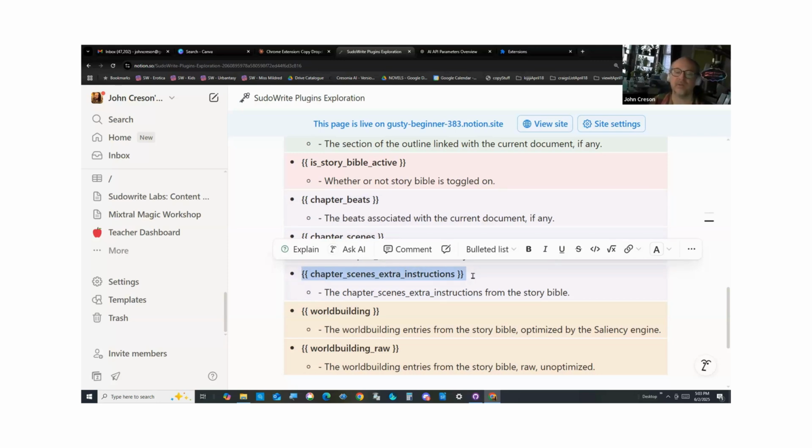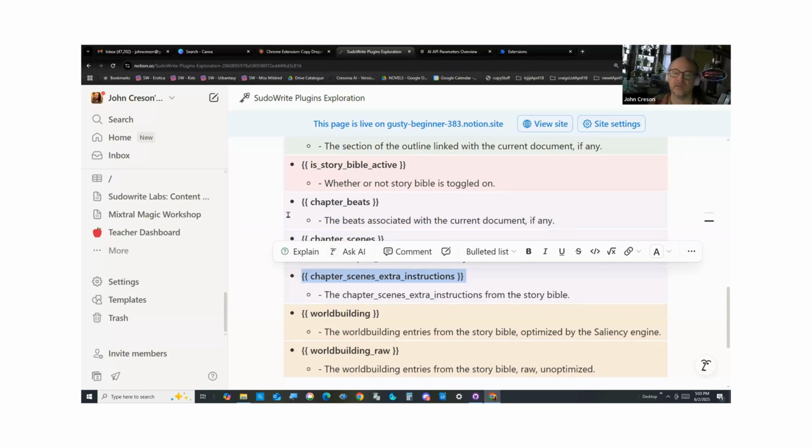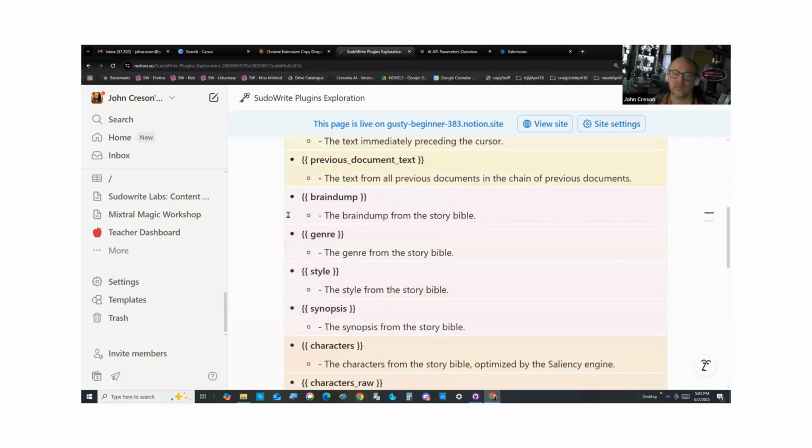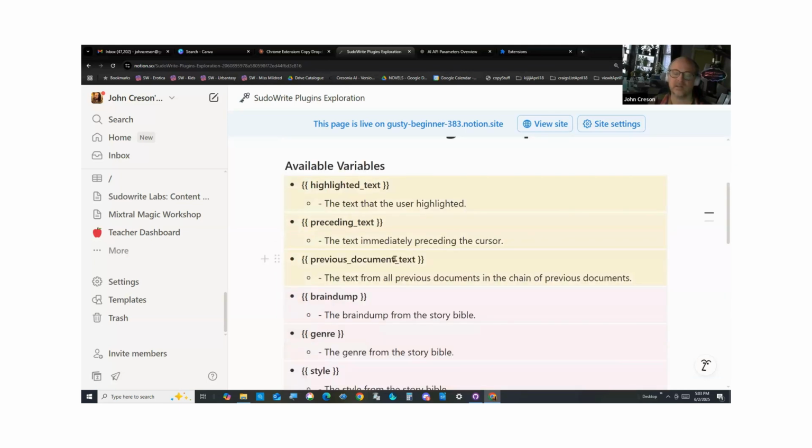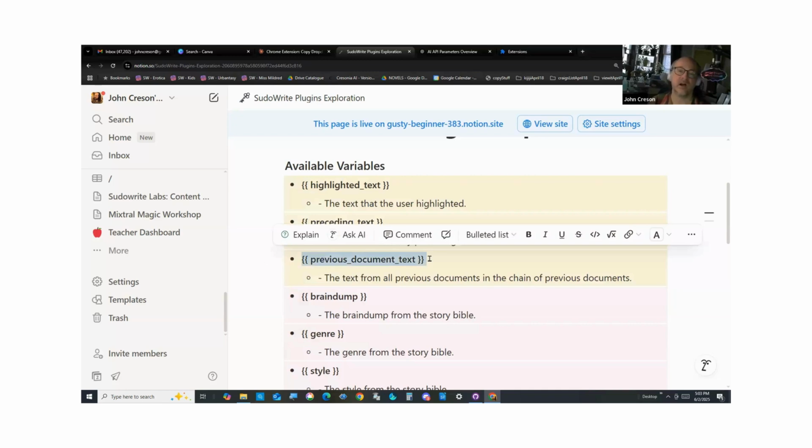And then maybe I would use the previous document text, but instead of using it as a continuity text, I would use it as a style reference or a tone reference. Tone is the feeling or the character of your narrator, or the way you're writing the prose.